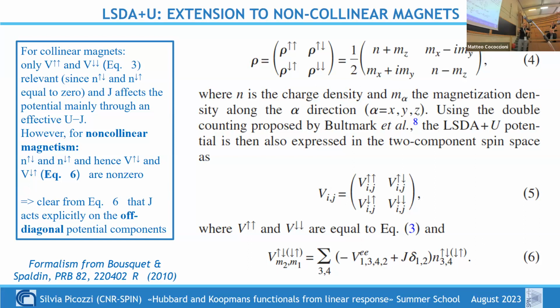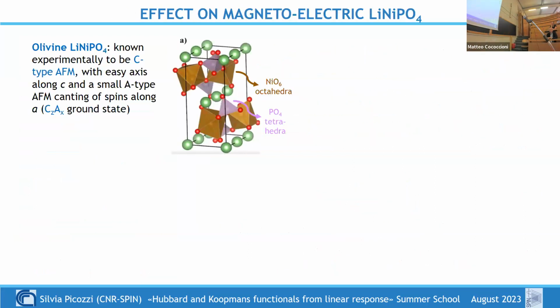So at variance with the case of collinear spin, up or down, where your result depends only on U minus J, for a non-collinear system where your off-diagonal terms are important, your result depends on J strongly. And I will show you that the dependence is strong. So this is not my result. This is from Eric and Nicholas Spaldin.